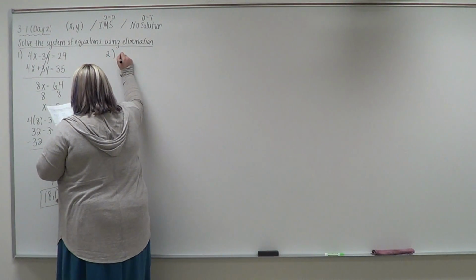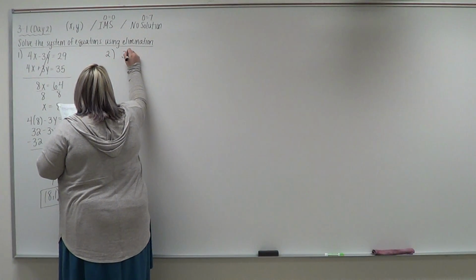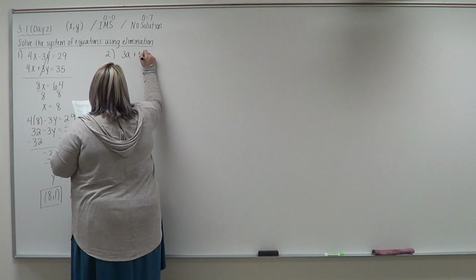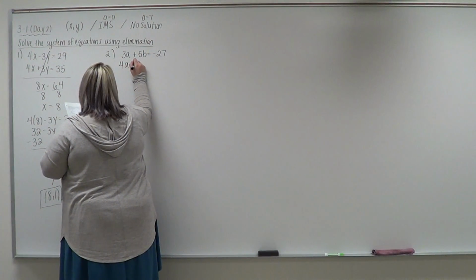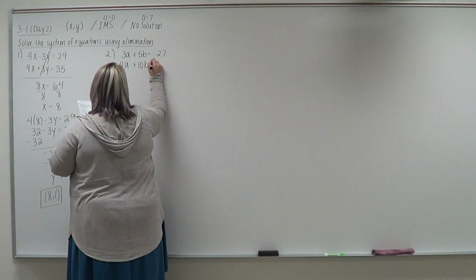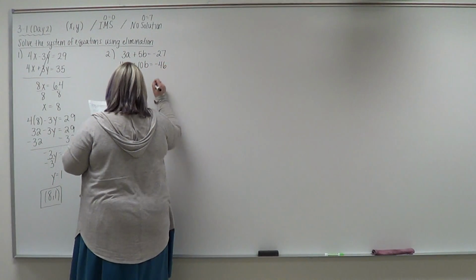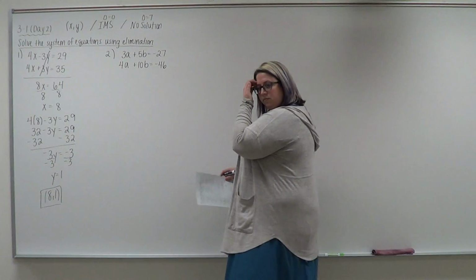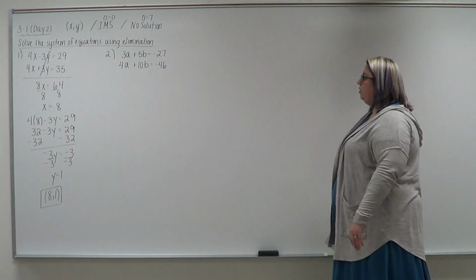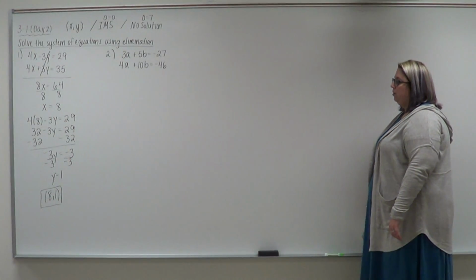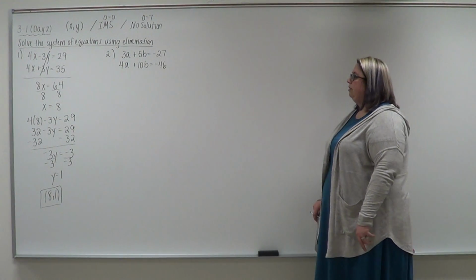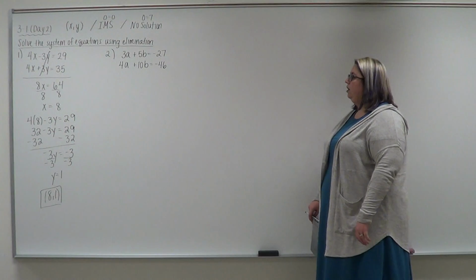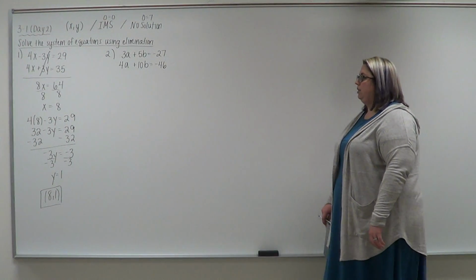Alright, so let's do another example. Okay, so if I look at that, 3a plus 5b equals negative 27, 4a plus 10b equals negative 46.